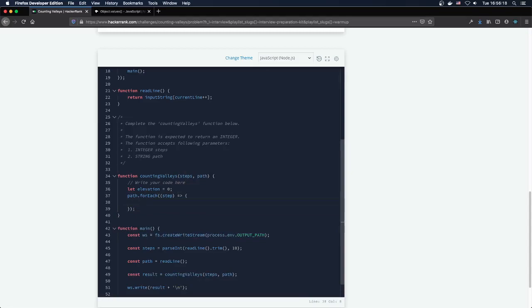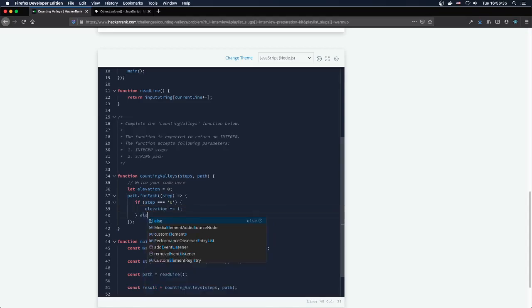So for each step, if step is u, if we're going up, elevation plus equals 1, else, that means we're going down, elevation minus equals 1. So that'll give us the elevation change.